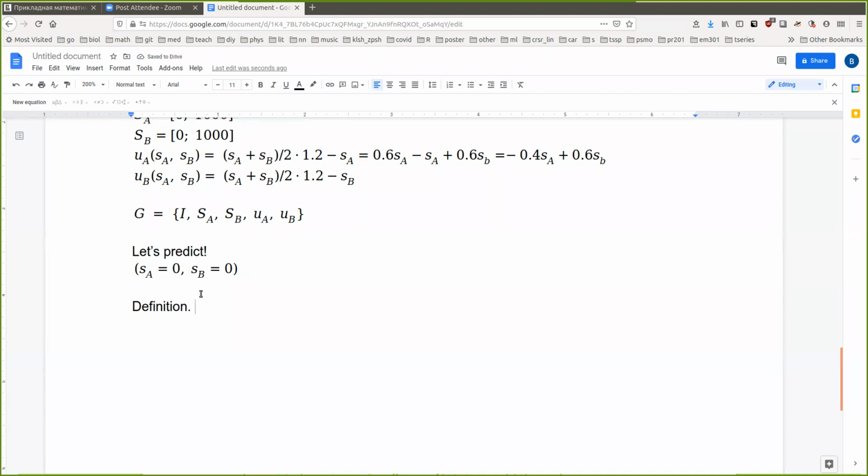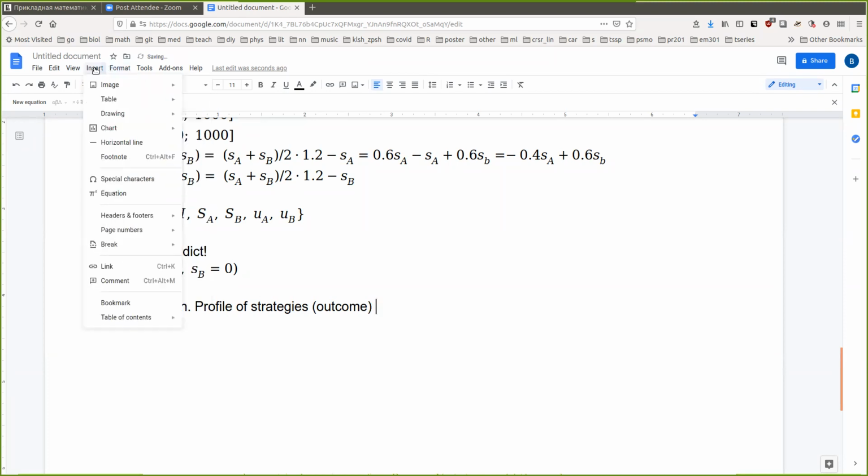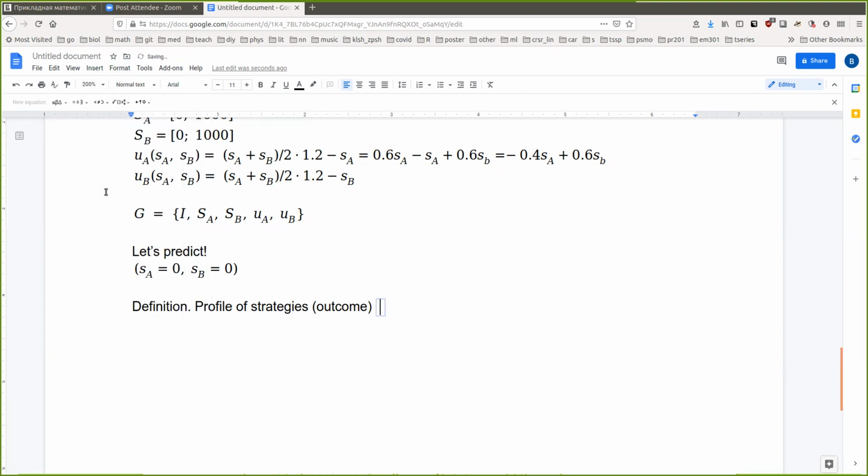So we will say the profile of strategies, or sometimes we say outcome. Profile of strategies is just a name for S_A, S_B.